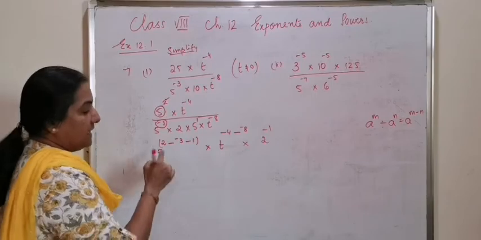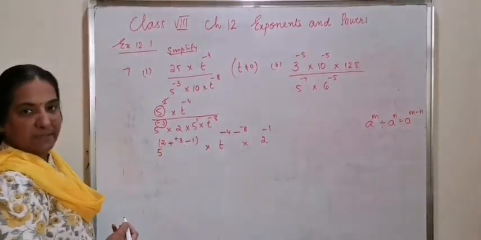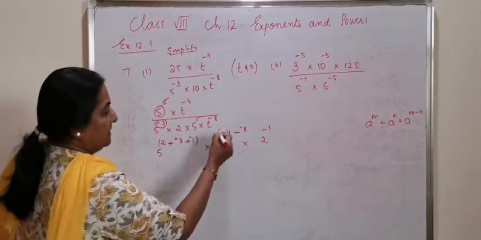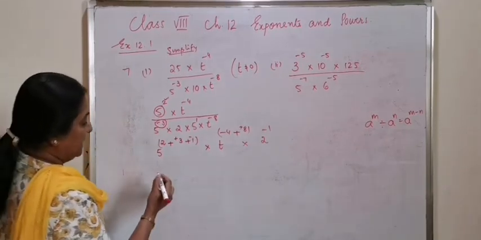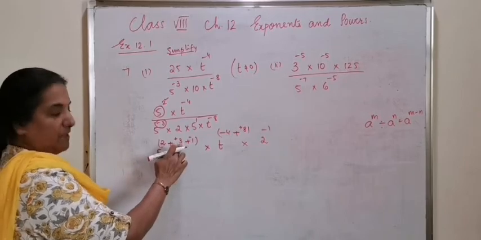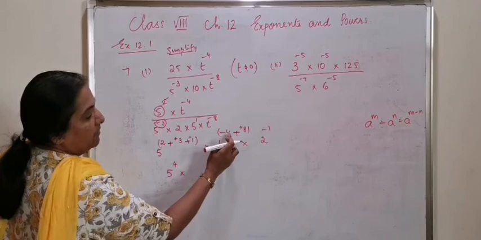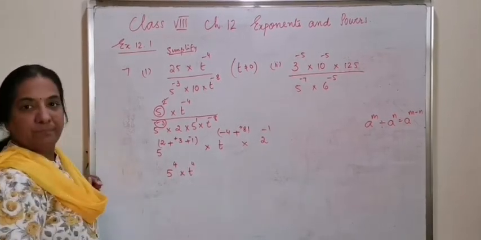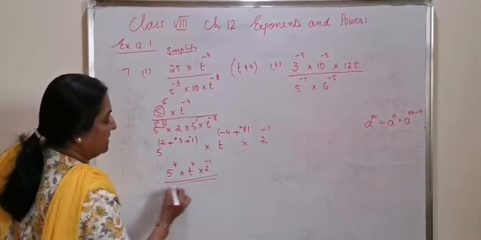So finally, like subtraction of integers, I told you make it as addition, change the sign. Make it as addition and change the sign. Similarly, addition, change the sign. So what will be the final answer? 5 to the power of 2 plus 3, 5. 5 minus 1 is 4, into t to the power of minus 4 plus 8 is positive 4, into 2 to the power of minus 1, or divided by 2.